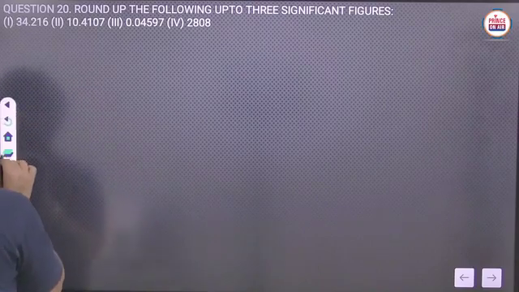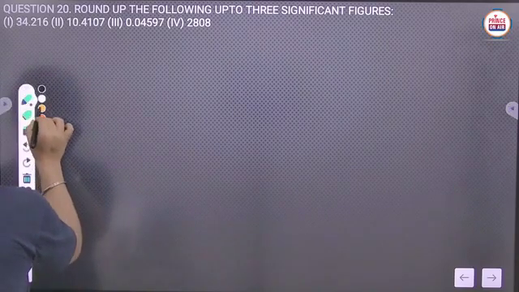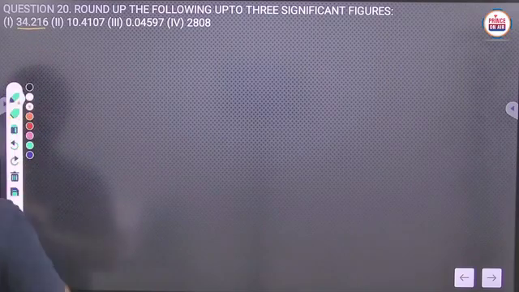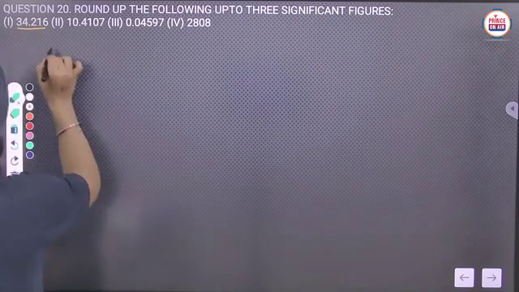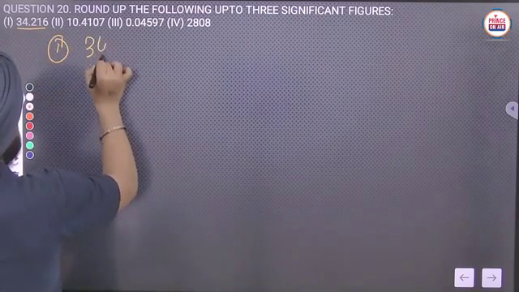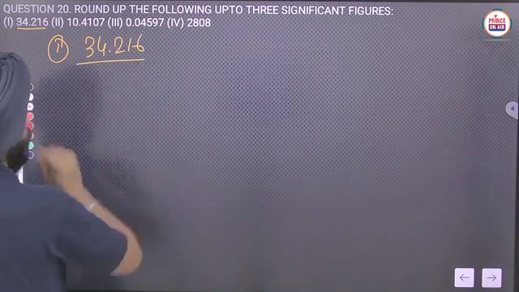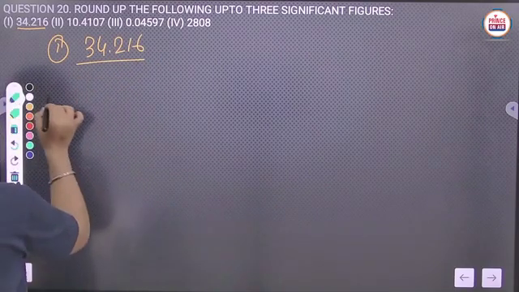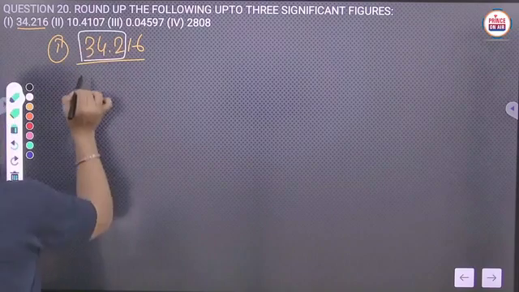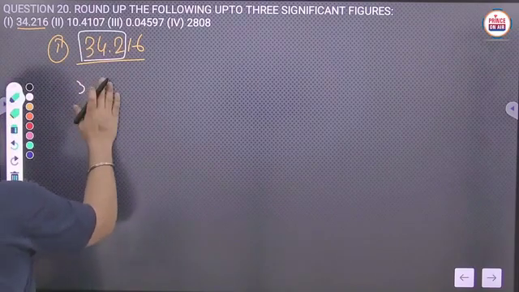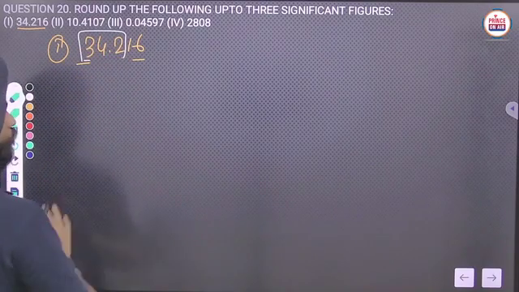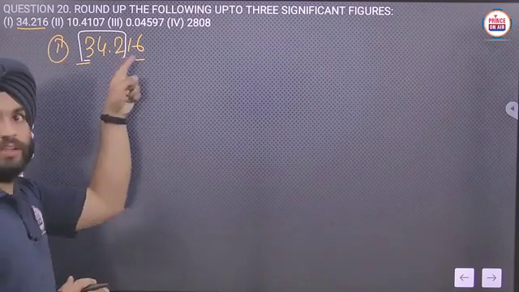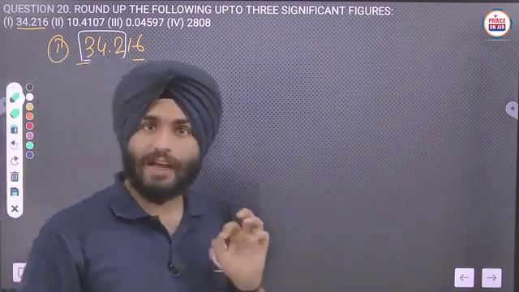So here, 34.216, first one. Only 3 digits are supposed to be taken: 34.2. Now see the 4th digit. It is 1, which is less than 5.